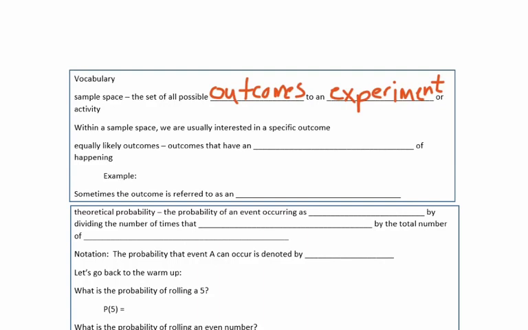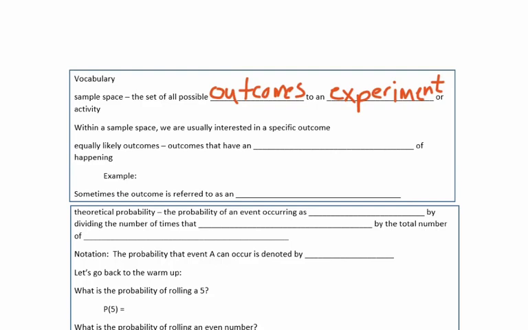Now I want to say something about the word experiment. When you hear the word experiment, you might be thinking of something really cool looking, like a chemistry lab with bubbling flasks or whatever. But in probability, an experiment is simply an event. It's just something that happens, like a trial that you might do.